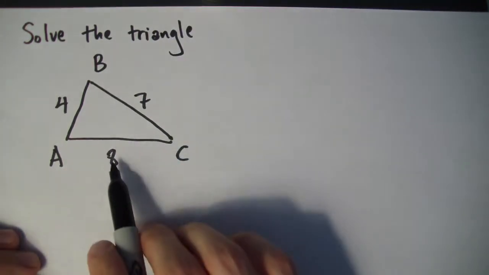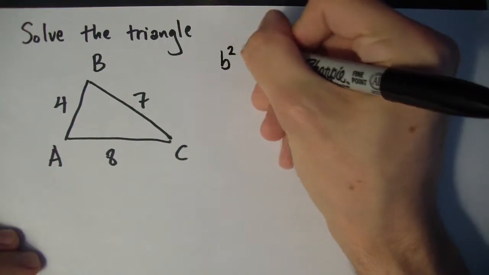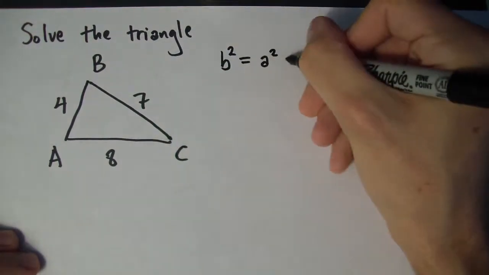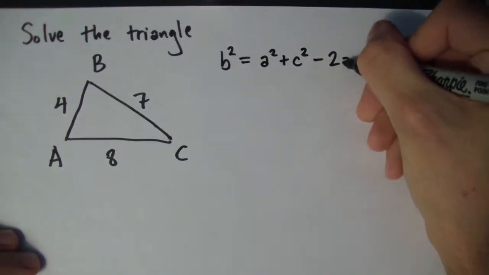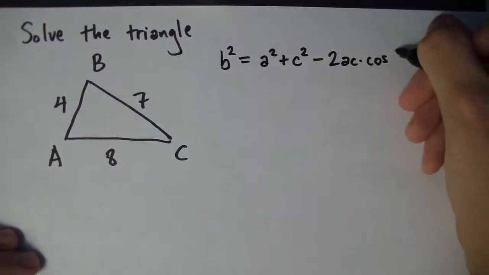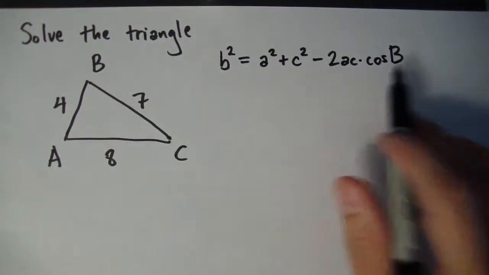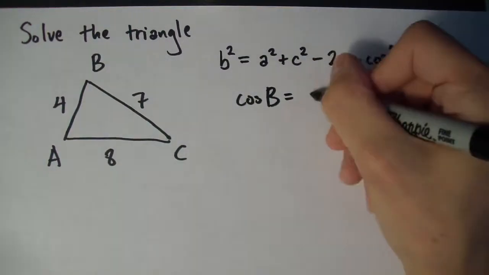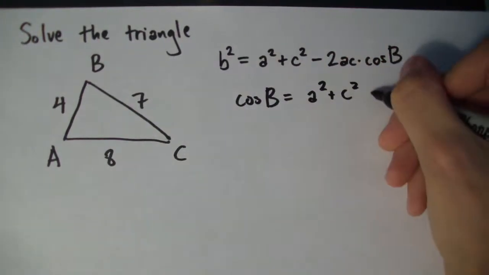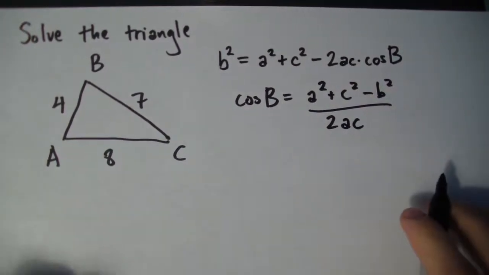So we'll start by finding angle B, and so to do that we use the law of cosines, which relates b squared with its angle. So b squared equals a squared plus c squared minus 2ac times the cosine of angle B. So again, we know a, b, and c, so we can solve this to find cosine of B. So we find cosine of B is a squared plus c squared minus b squared all over 2ac.